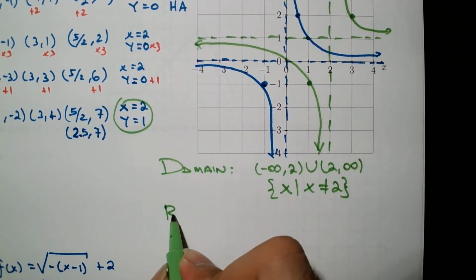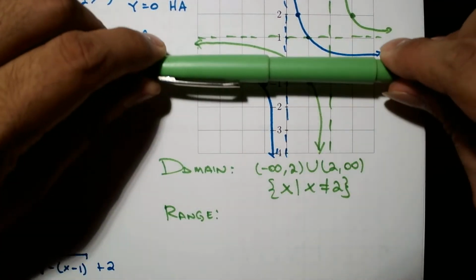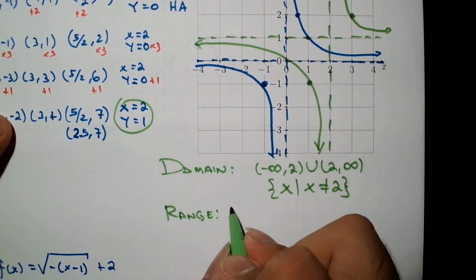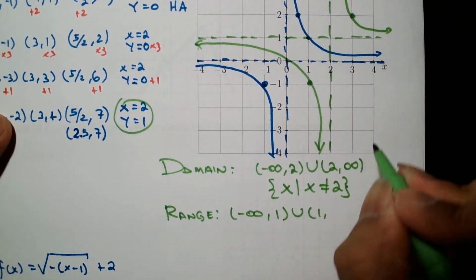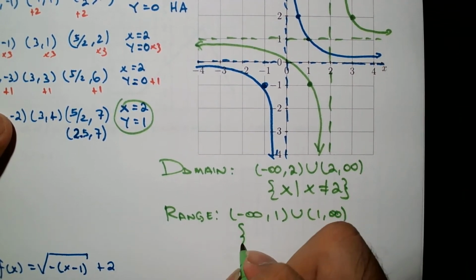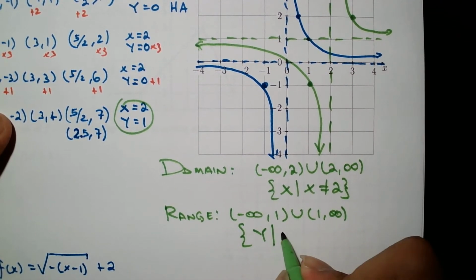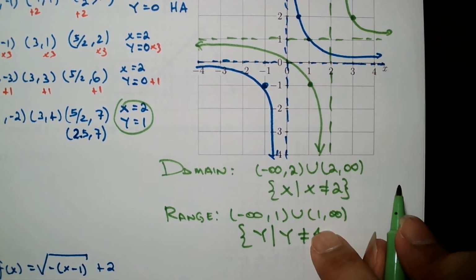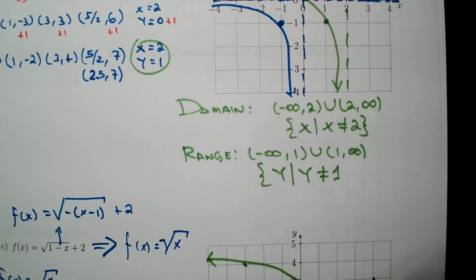For the range, if we scan the graph from bottom to top, it goes really nice until we reach the y value of 1, which we cannot take. And then from 1 all the way up to +infinity, which in set notation is y such that y cannot be 1. Cannot be 2, cannot be 1, because those are the locations of the asymptotes for this graph.